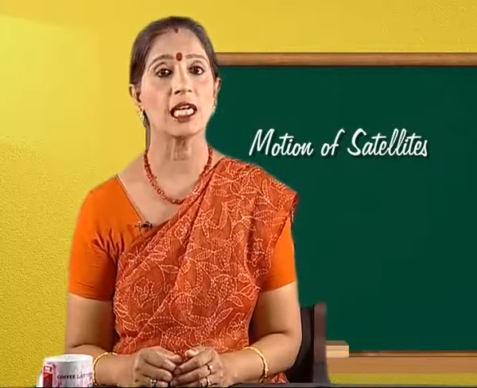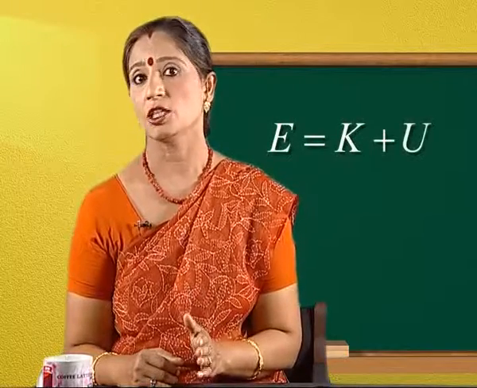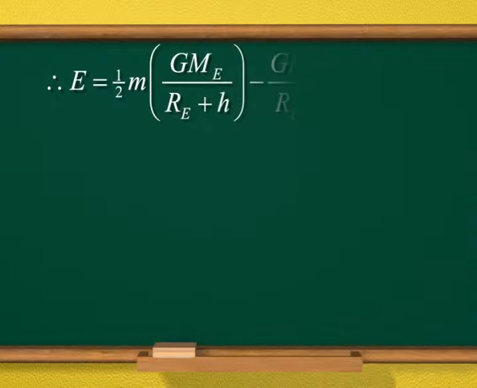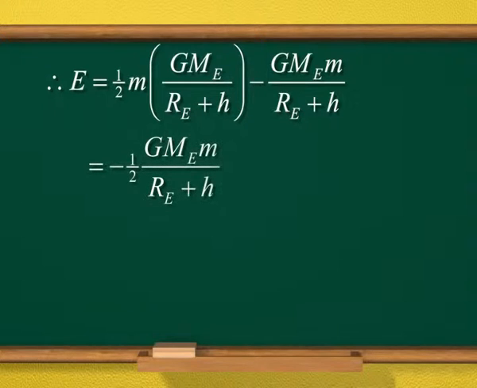Since the total energy of a satellite in its orbit, E, is the sum of the kinetic energy and potential energy, the total energy E is equal to half of m into G into Me upon Re plus h minus G into Me into m upon Re plus h. That is further equal to minus half of G into Me into m upon Re plus h.